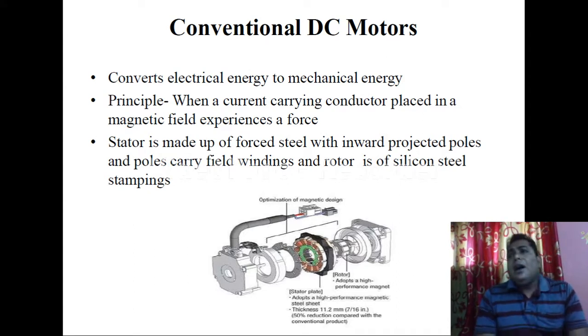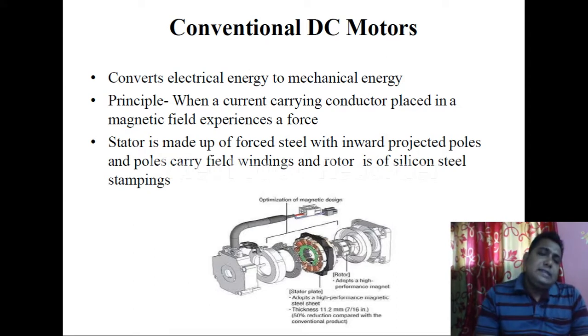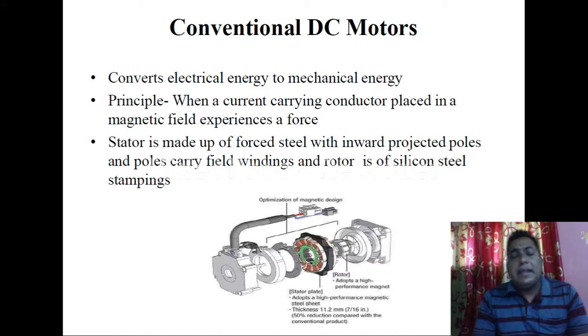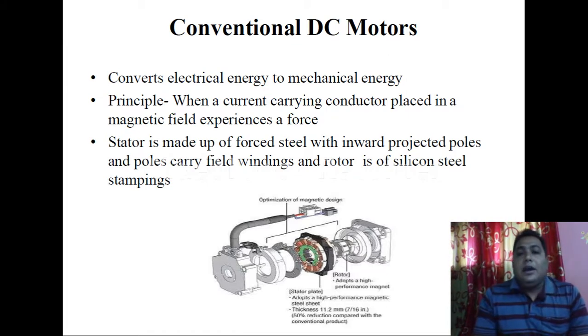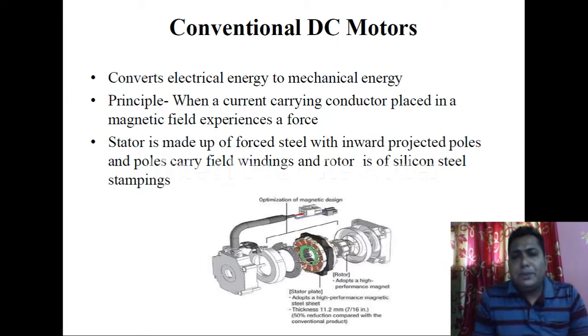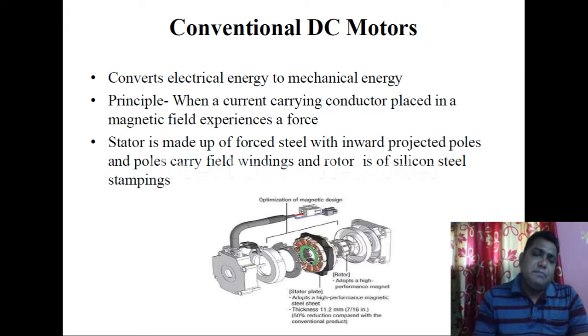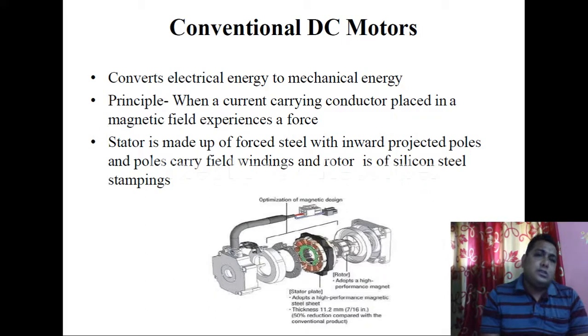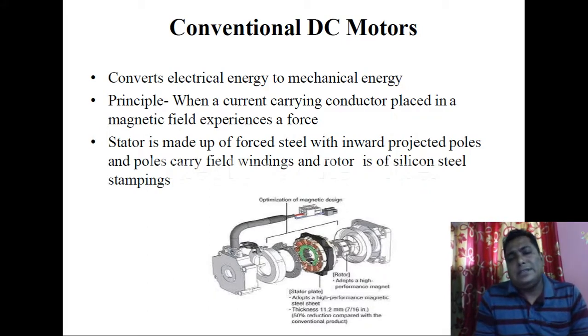Now let us see what is written. The stator is made up of cast steel with inward projected poles, and the poles carry the field winding, and the rotor is of silicon steel stamping. In DC motors the stator is in the outer periphery, the stationary part. The inner portion of the stator has some slots, known as stator slots.